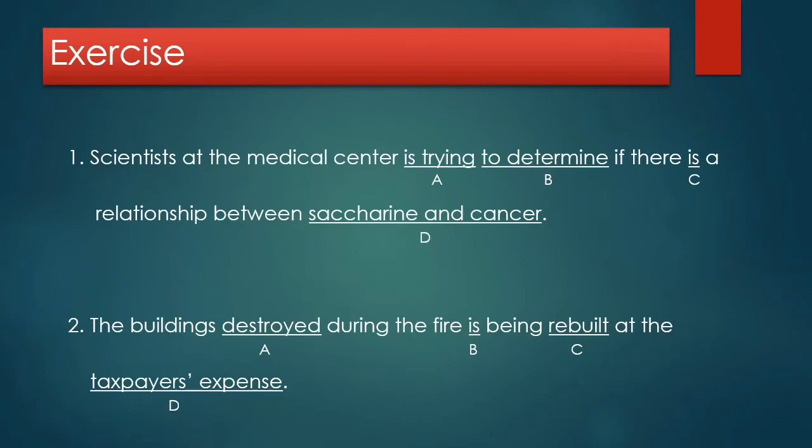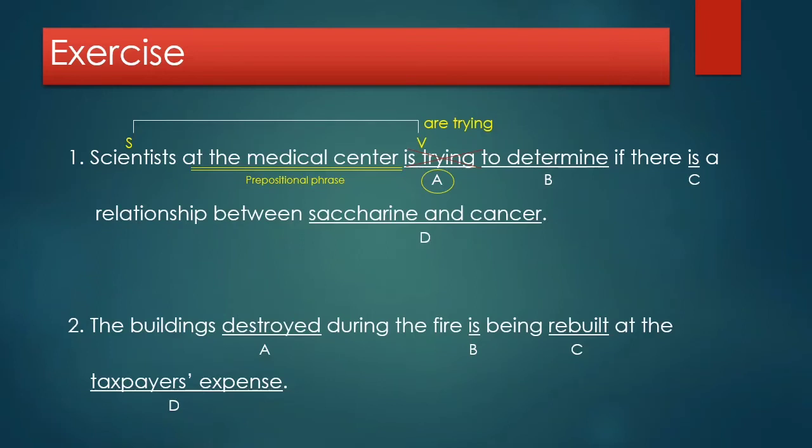The answer is A, is trying, because the subject is in the form of plural noun, scientists. So, the verb should be in the form of plural, are trying. The correct sentence is, scientists at the medical center are trying to determine if there is a relationship between saccharin and cancer.